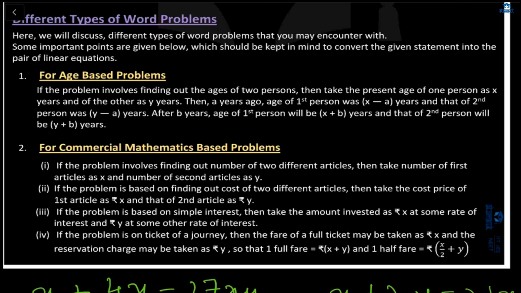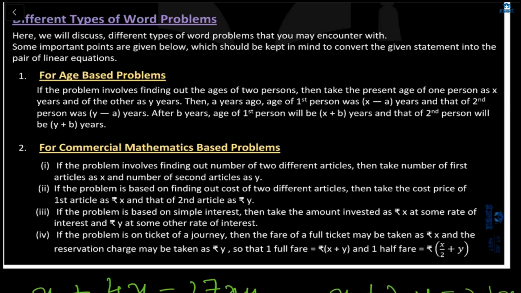Okay. So what you have to do, you are going to assume the present age. Okay. What will be the present age of Rohit, and what will be the present age of Amit? Okay. The 2 ages that are given in your question. So you can assume the first person's age be x and the second person's age be y. The present age. Okay.